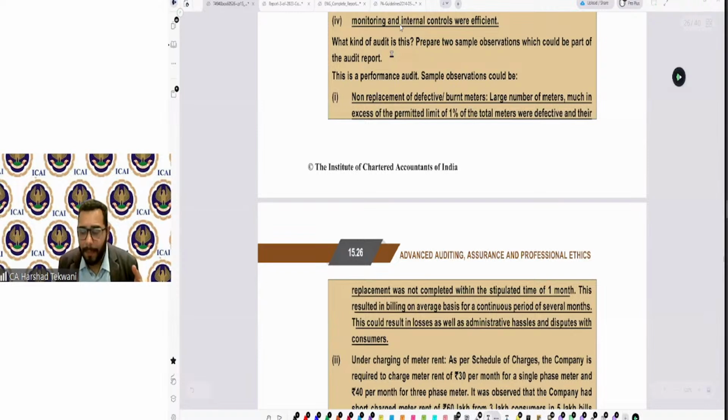Can I say in this first observation that whatever resources were spent by the government behind generation and supply of electricity were not recovered appropriately through billing, because average billing was happening? So can I say the input the government is providing is not giving the appropriate output that it is receiving? Can I talk about input and output over here?